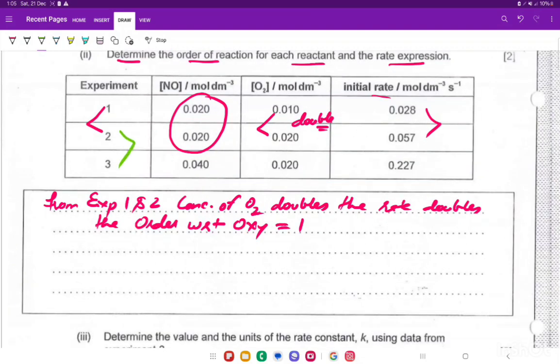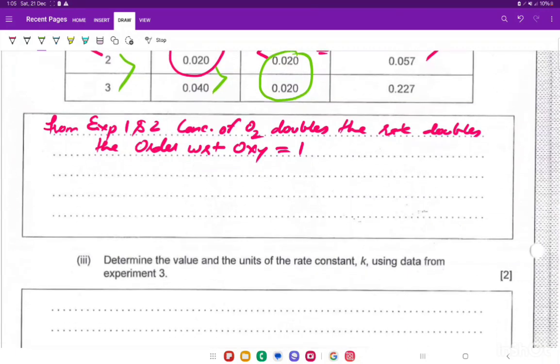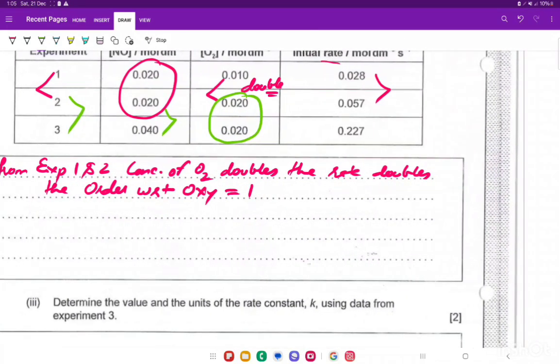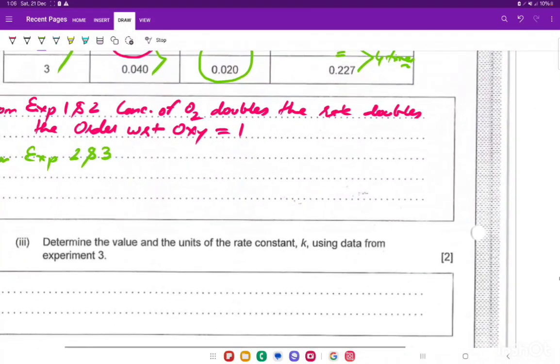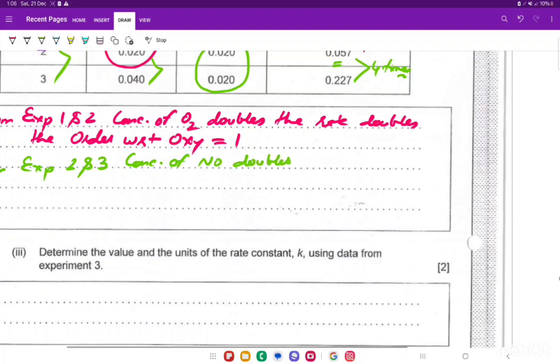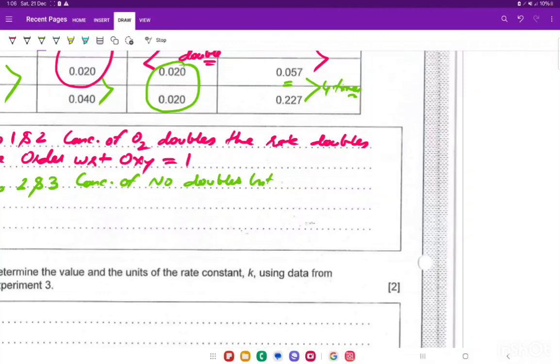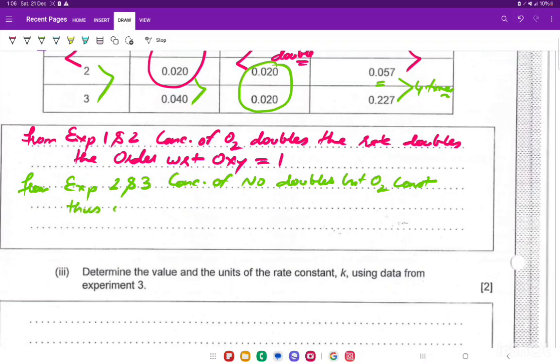Experiment number 2 and 3, the concentration of oxygen is constant and NO is doubled. So when we double the concentration of NO, the rate becomes from 0.057 to 0.227, which is about 4 times. From experiment 2 and 3, the concentration of O2 is constant, but concentration of NO doubles, thus rate becomes 4 times.